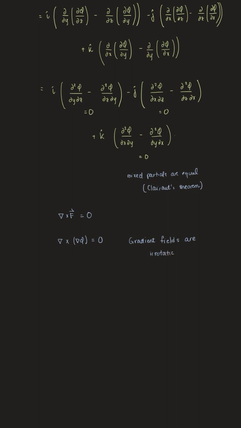So, an example of a gradient field is the gravitational field of the Earth. And you can imagine that that field ought to have 0 rotation, even at the microscopic level, because everything's kind of coming down to the Earth, or coming down to wherever the field is acting on.